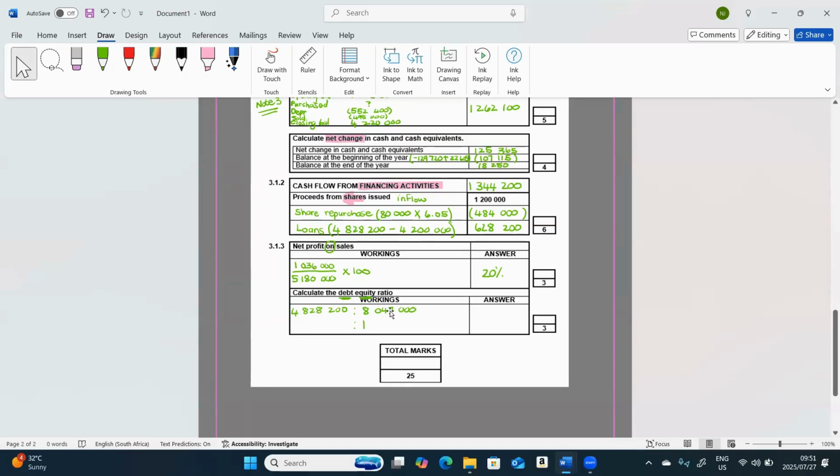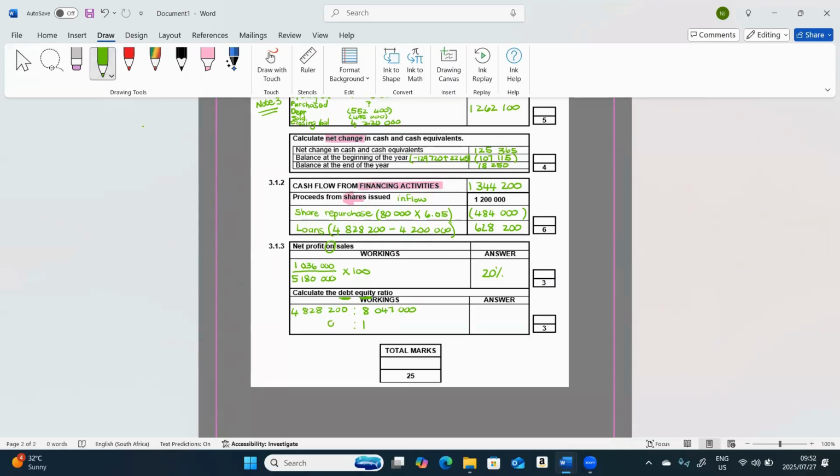So if you divide by 8,047,000 on the right-hand side, you also have to divide the left-hand side by 8,047,000. So you will take your 4,828,200 and you will divide it by the 8,047,000.